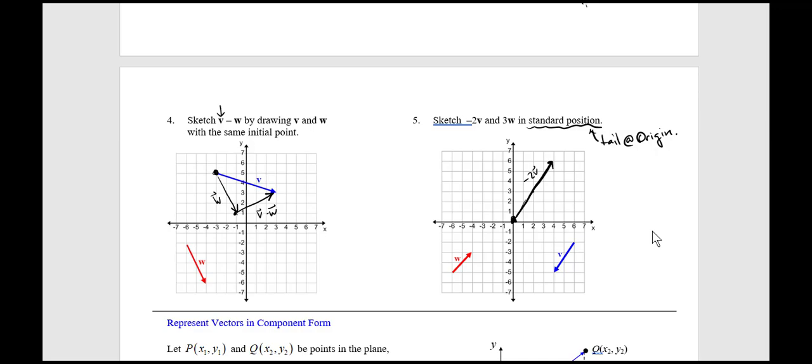3w is just this w vector except 3 times as long. So draw that guy with its tail at the origin, the same point here. And w goes over 2, up 2. So it's going to follow the over 2, up 2, over 2, up 2, over 2, up 2. We want it to be 3 times as long. So let's go over 6, up 6 instead of over 2, up 2.